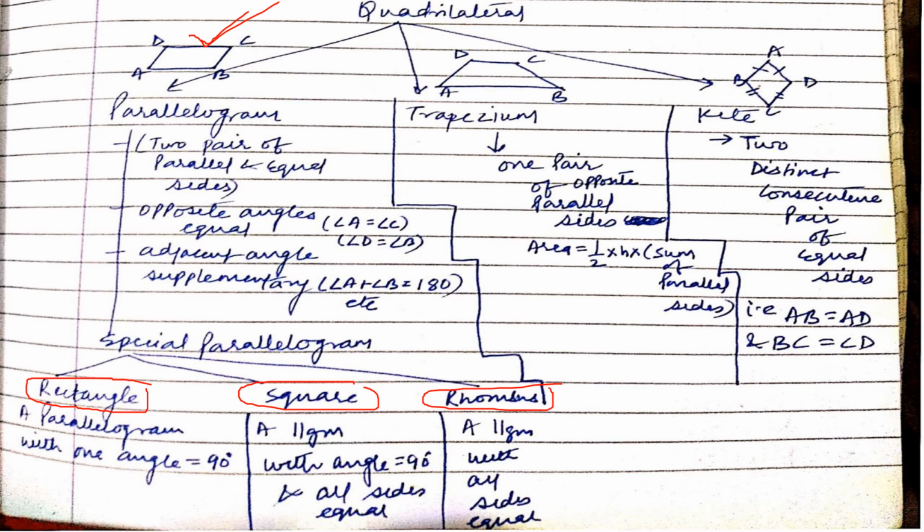First thing I want to tell you is that these three are special cases of a parallelogram. That means they have all the qualities of a parallelogram, all these properties. Apart from these, they have some special characters, some special powers, you can say.